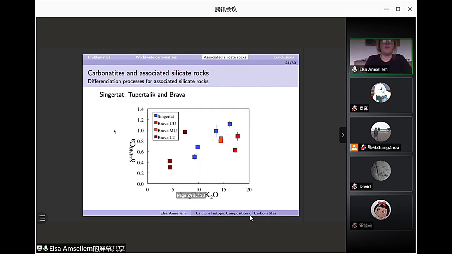So this can be mostly due to differentiation processes, and we can see it in this graph where we have the content of sodium and potassium, which are alkaline elements and which represent differentiation tracers. And here we can see a nice correlation for Sigertat and a bit less obvious for the other complexes, but because we also don't have a lot of samples.